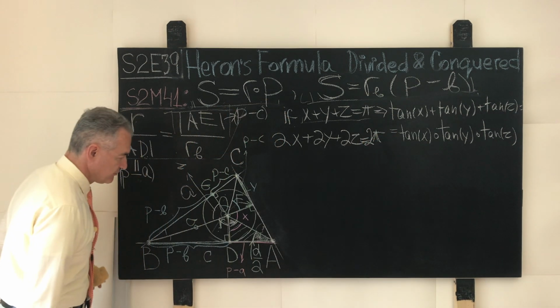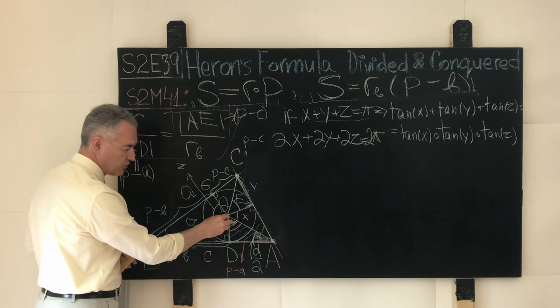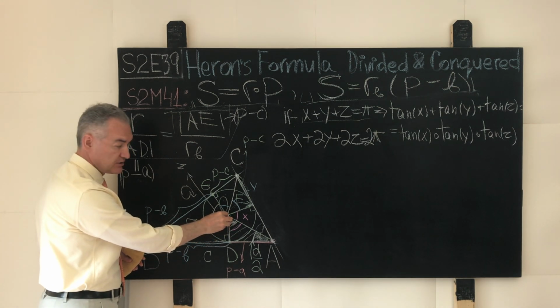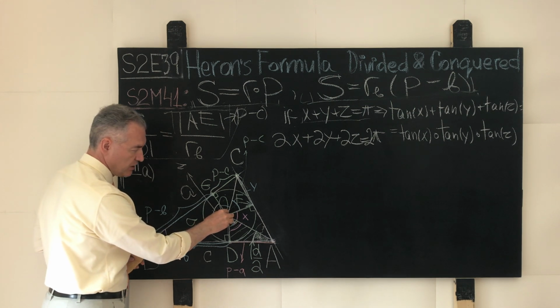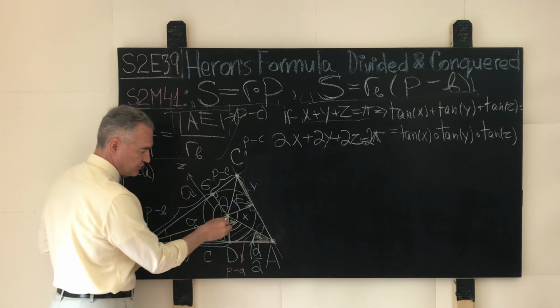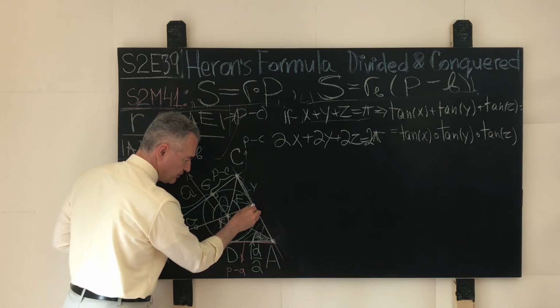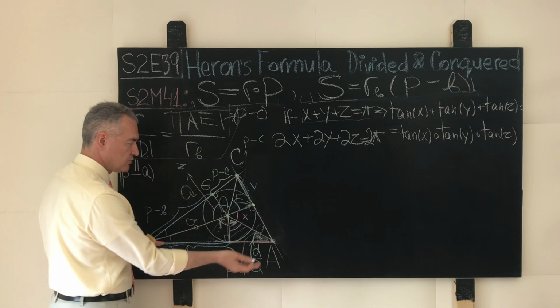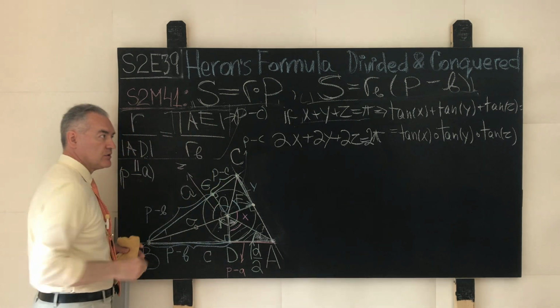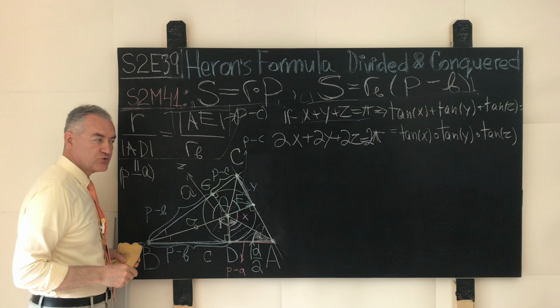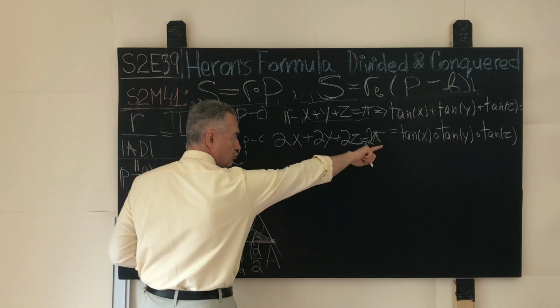In other words, if we place ourselves into the incenter of the parent Euclidean triangle ABC this way and point ourselves, for example, at the point F over here, and then we walk counterclockwise and make one complete revolution, we will sweep what? The complete angle 2 pi.